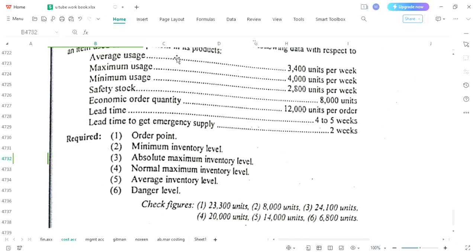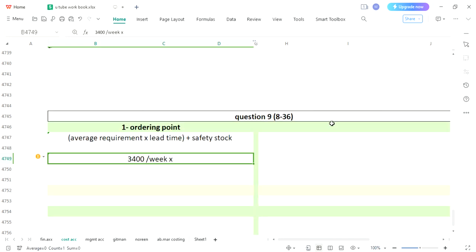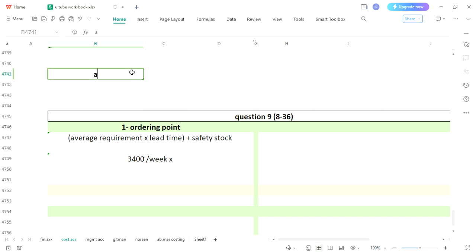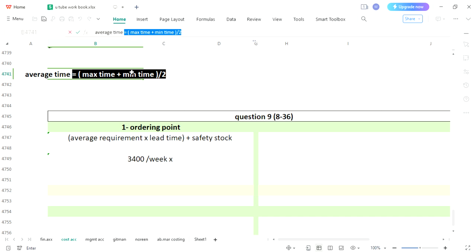But for now we are using average requirement. Obviously we do need average time as well. And how do we calculate average? Minimum plus maximum divided by 2. So if you are worried about it, we can calculate it as well. Average time we can calculate.